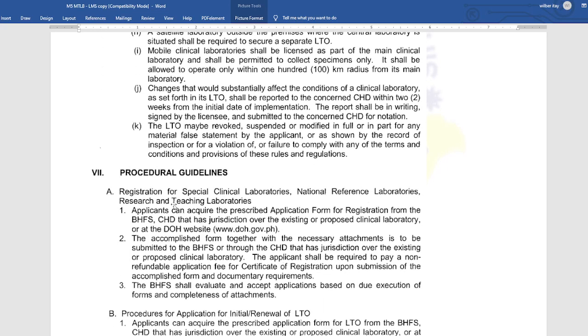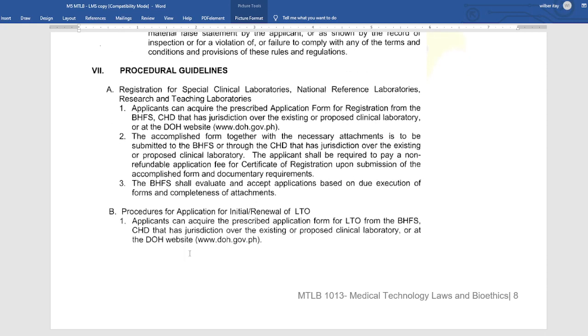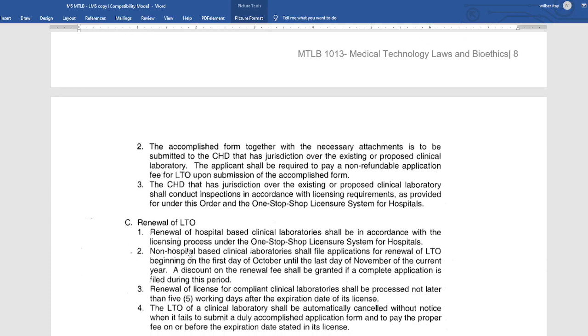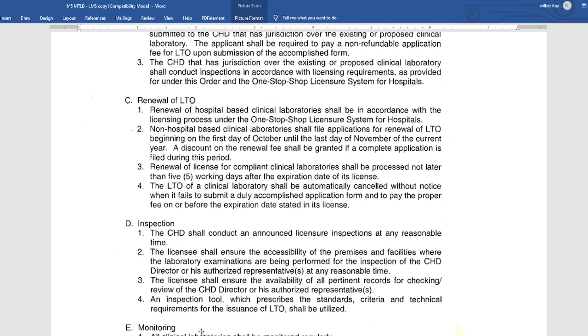So, procedural guidelines. So, here you read sa mga procedural guideline ng application or renewal for the LTO. Okay, so here you read, guys. So, nai-inspect yan before a license to operate is given or released.